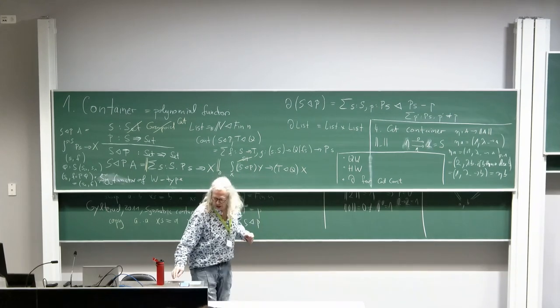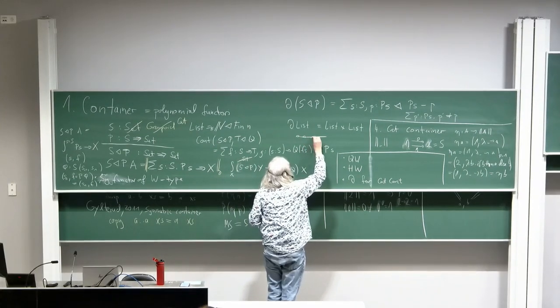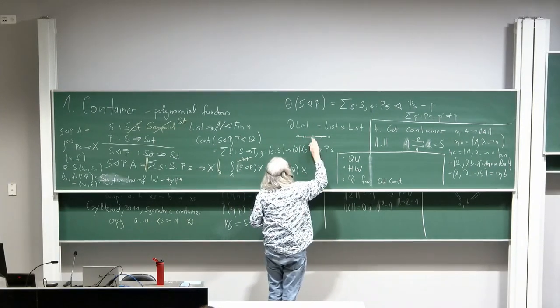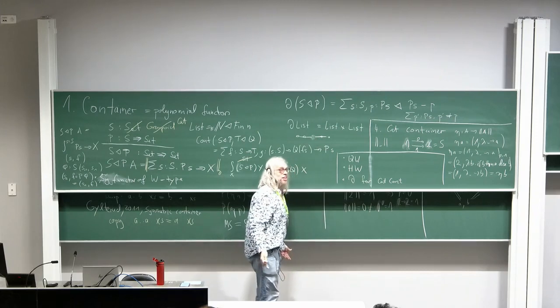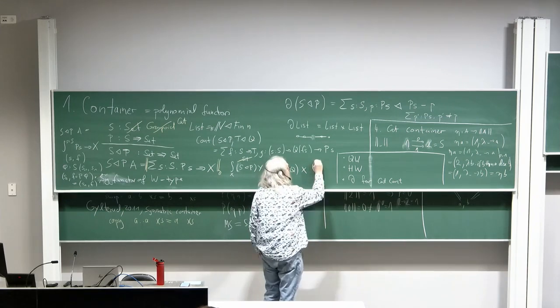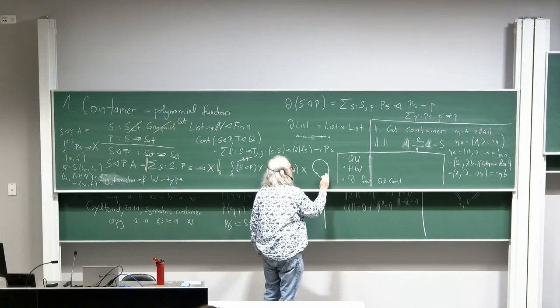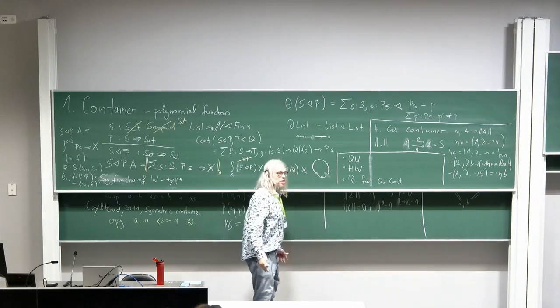If you have a list, like a list of elements, and you make a hole in it, what do you get? Two lists. This, by the way, also explains why the antiderivative of lists are the cycles, because if you have a cycle and you cut it in one point, you get a list, right?